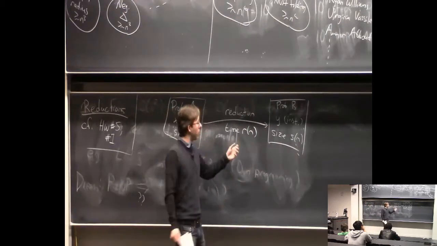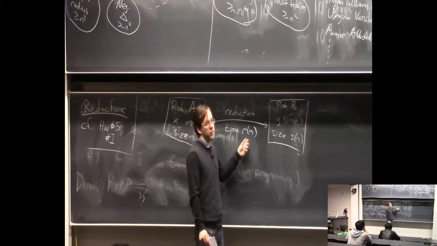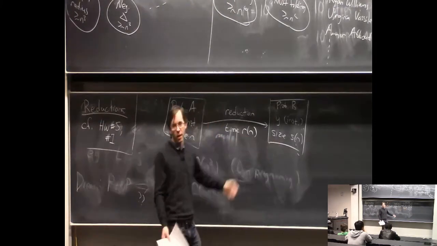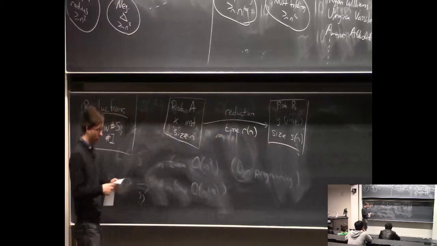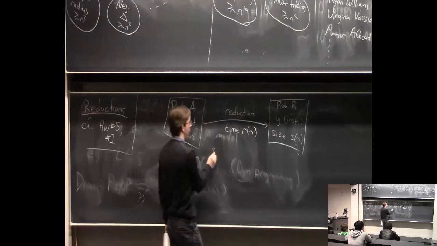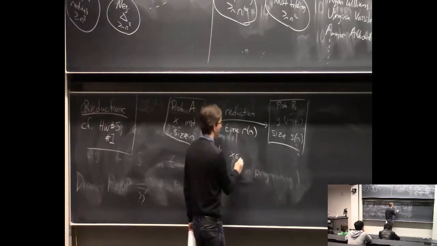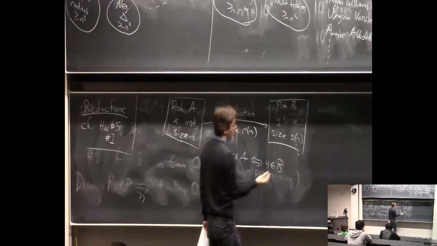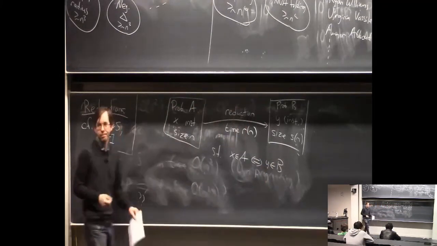When we were just caring about polynomial time, we just said this runs in polynomial time, so it only has time to output an object of polynomial size. That was good enough, but we want to care a little bit more than that. And it's a reduction, so it has one property: x is in A if and only if y is in B. Those are the properties of a mapping reduction.